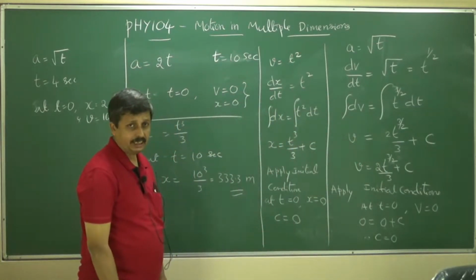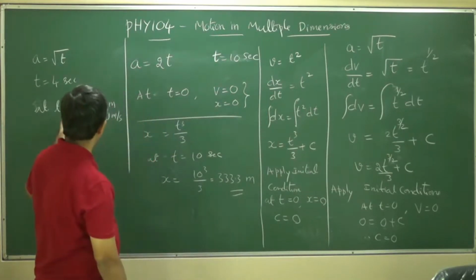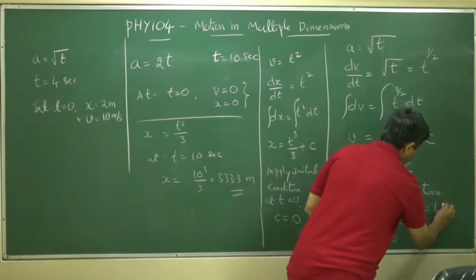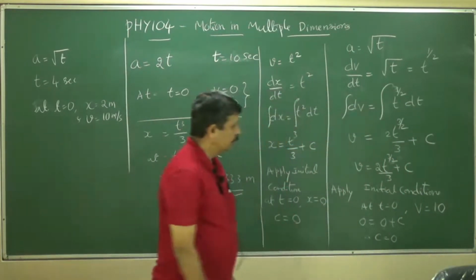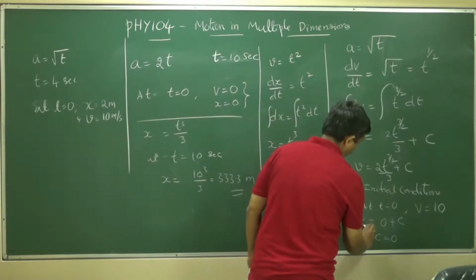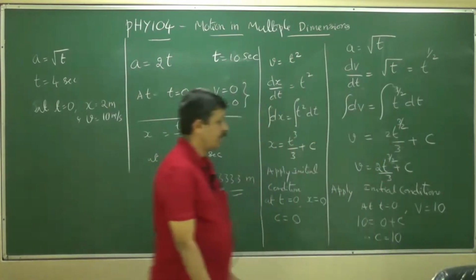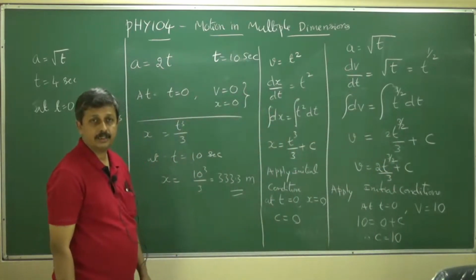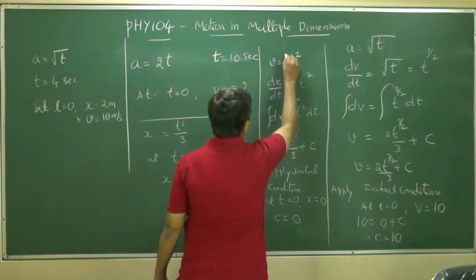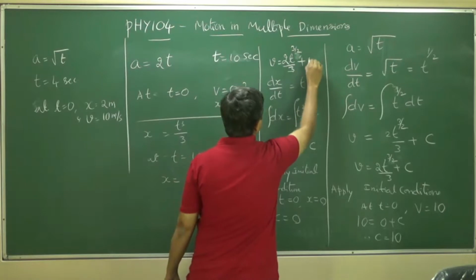So, now applying the initial conditions. At t is equal to 0, what is our initial condition for v? v is equal to 10. So, we put 10 instead of 0, and c becomes 10. So our equation now is 2t to the power of 3 by 2 by 3 plus 10.